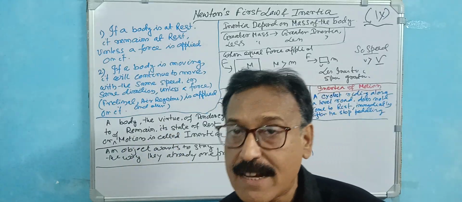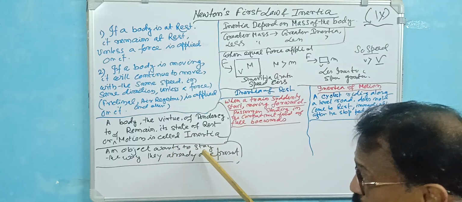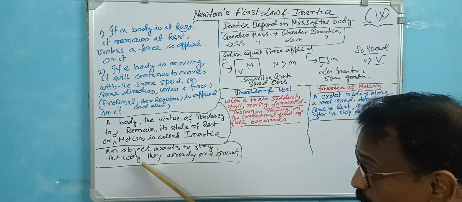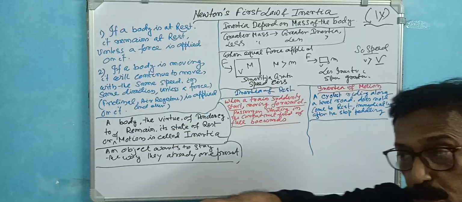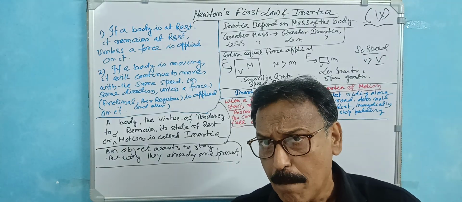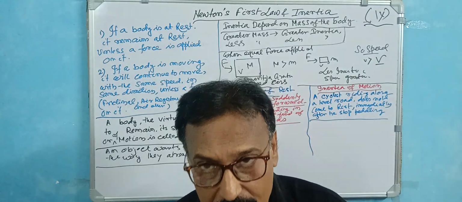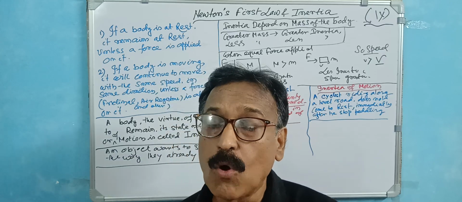This property is called inertia. An object wants to stay the way it already is at present, and by hook or by crook, it cannot change its position. This is called inertia.